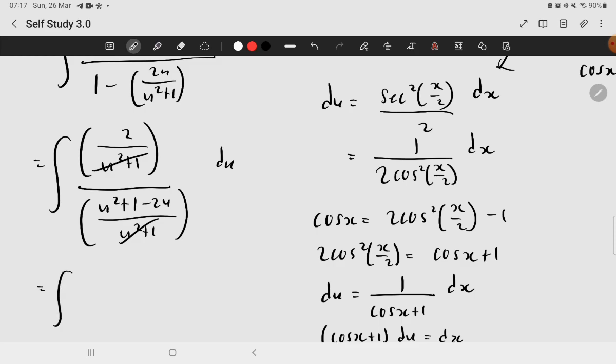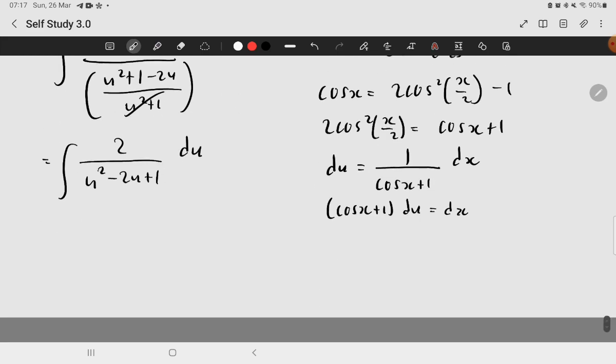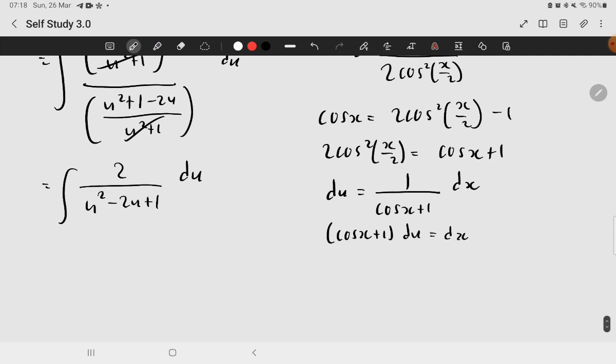Then we will obtain the following: 2 over u squared minus 2u plus 1 du. Now, u squared minus 2u plus 1 we could factor to become 2 over u minus 1 squared du. And by using the power rule, we could evaluate this integral very easily. So this will be negative 2 over u minus 1 plus c.